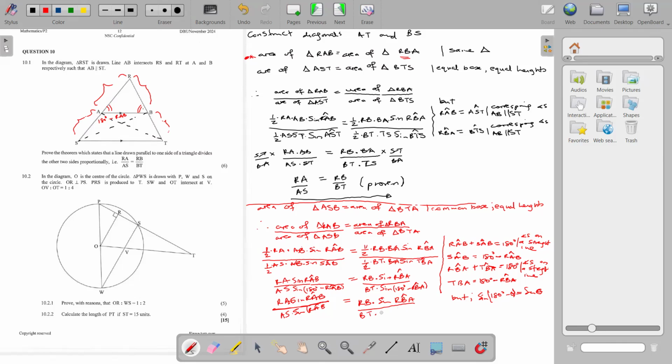You multiply by sine. Sine 180 minus something is equal to sine that thing. So sine RBA here.